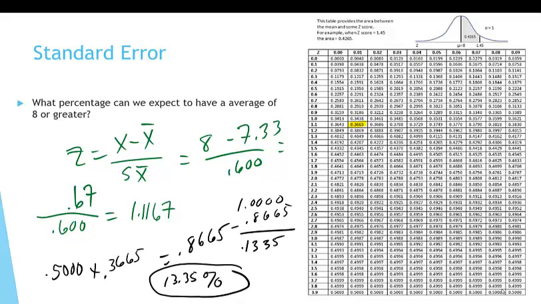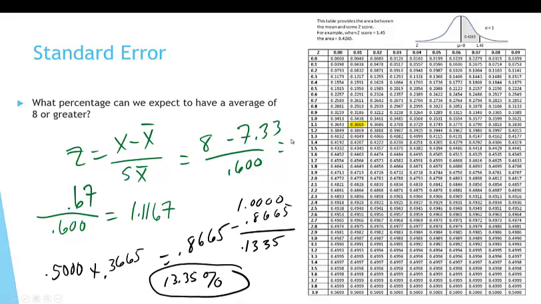Our z-score formula again is x minus x bar over the standard error of the mean. 8 minus 7.33 over 0.600 comes out to 0.67 divided by 0.600, which equals 1.1167. So that is our z-score, 1.1167.